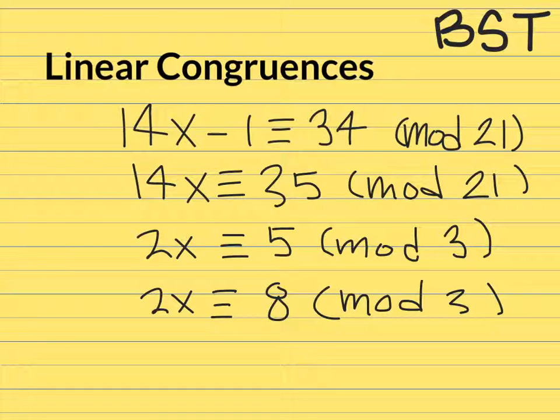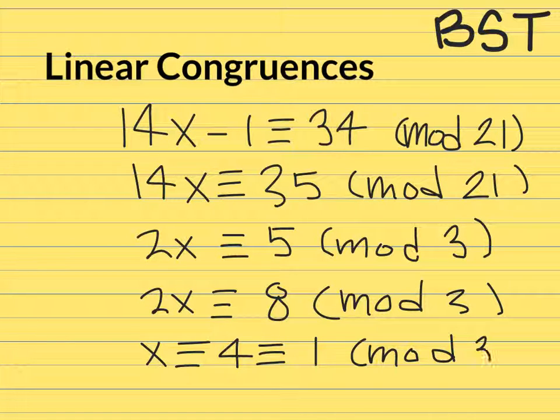I can just divide by 2 and not worry about the modulus. So I'm going to have x congruent to 4, which I can subtract 3 is congruent to 1 modulo 3. And so those are going to describe all of my solutions to the above congruence relationship, that all I need is some x that is congruent to 1 modulo 3.